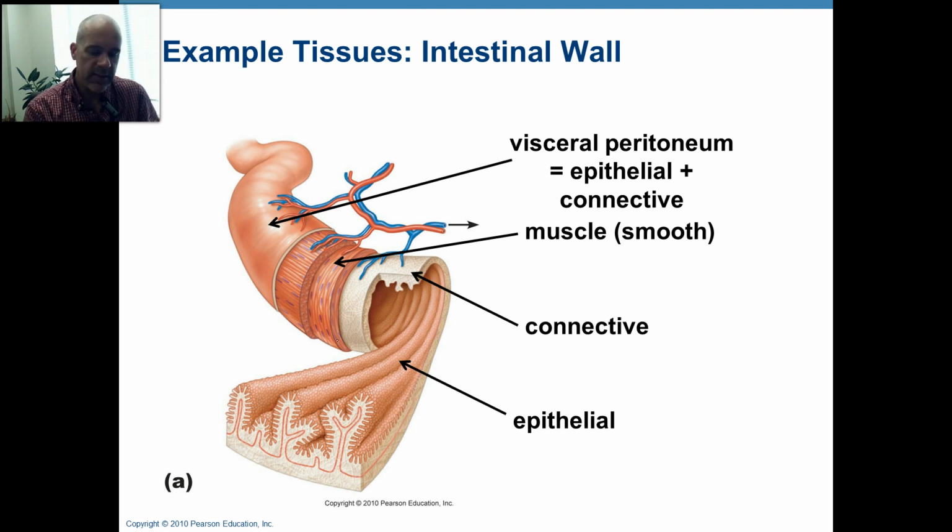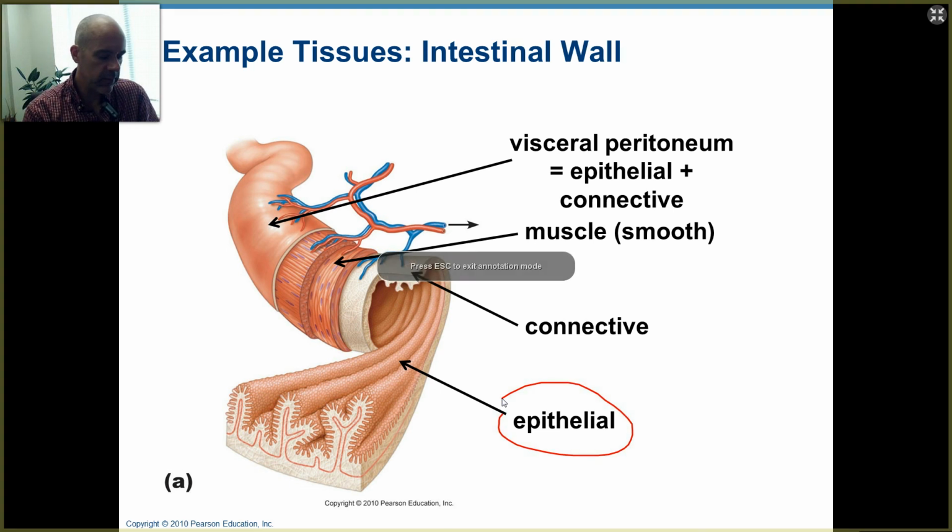So if you looked inside, up close, at the wall of a small intestine, the inside lining is going to be composed of epithelial type tissue.